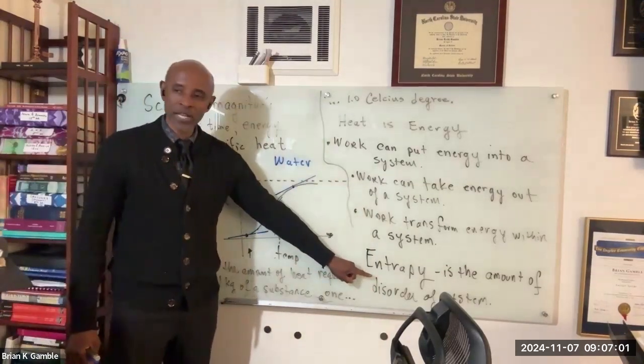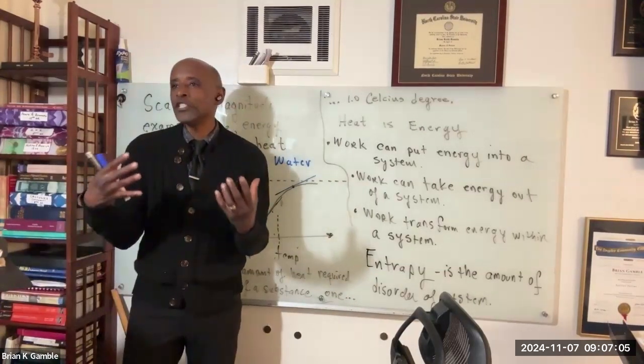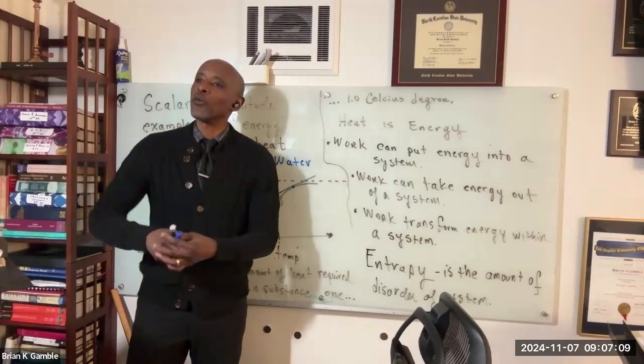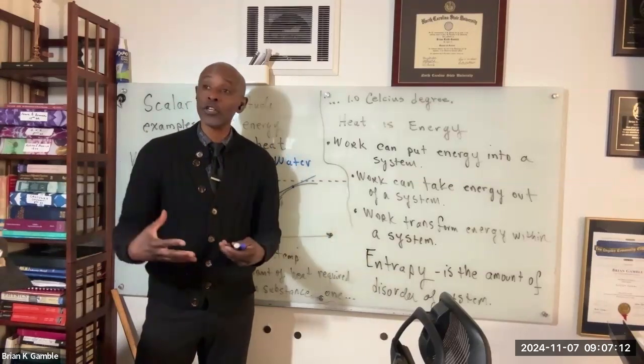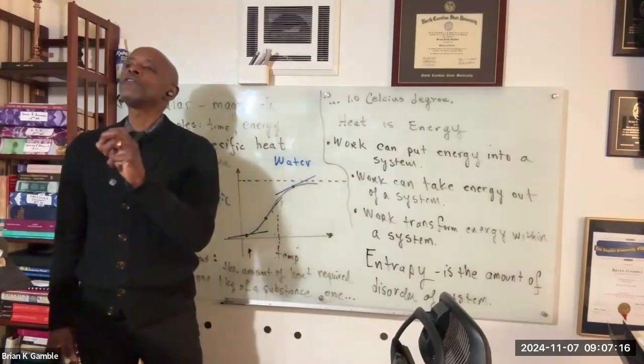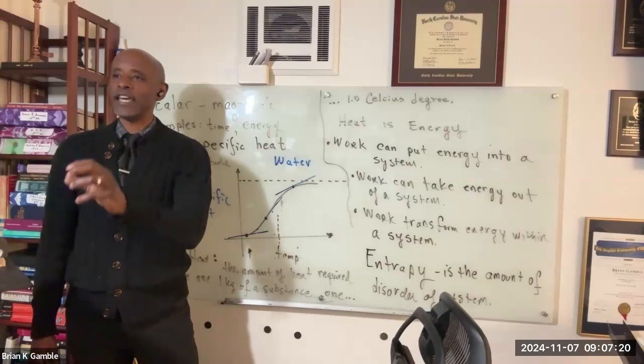That's what we're referring to here when we're talking about entropy. It's how the energy is being ordered in the material based on the way the atoms and molecules are structured together. What we find is that there is a rule in nature.